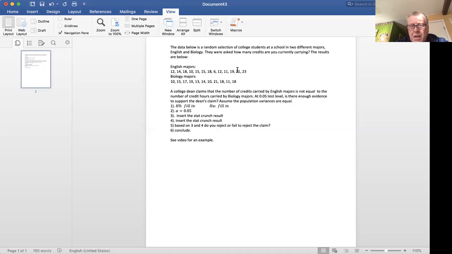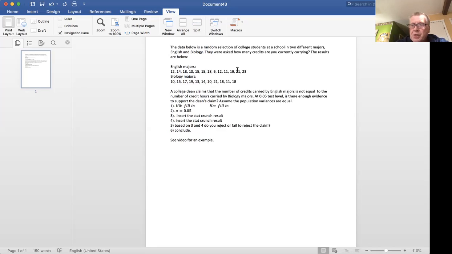You're going to put the English majors in one column and label it as English majors. You're going to put the biology major data in another column. And then you're going to select T-stats, select 2 samples, and select with data. From that, you're going to generate parts 3 and 4.